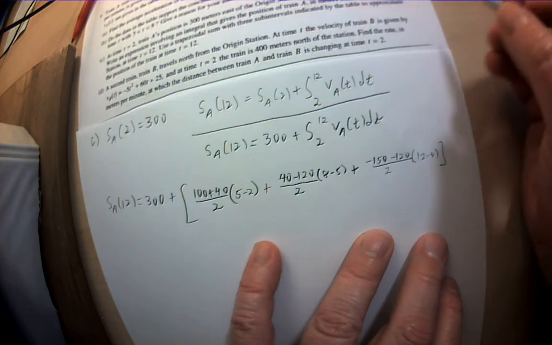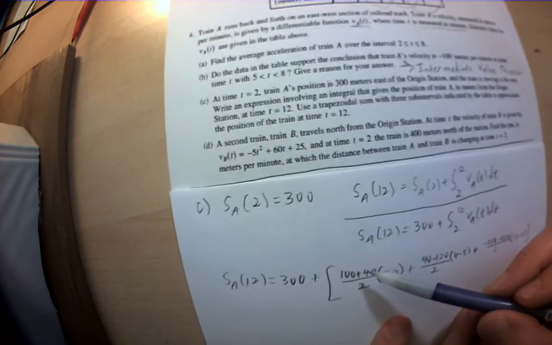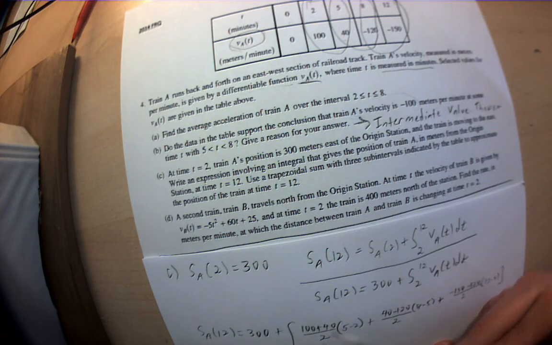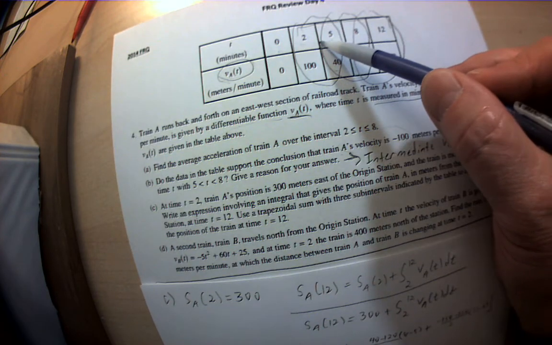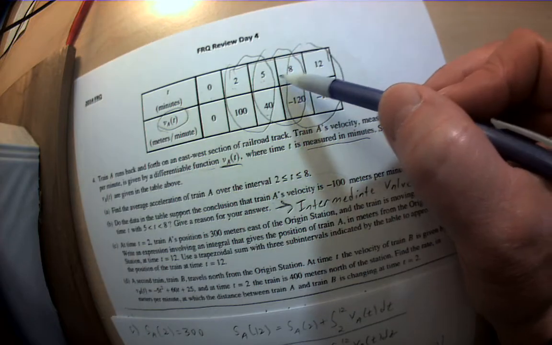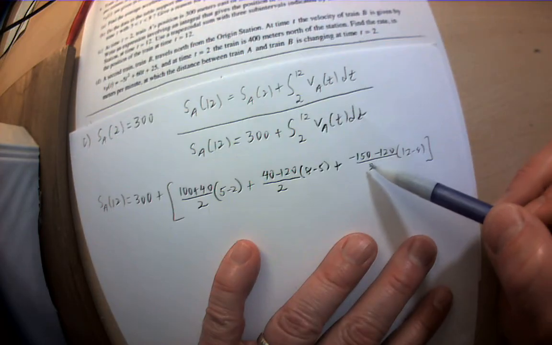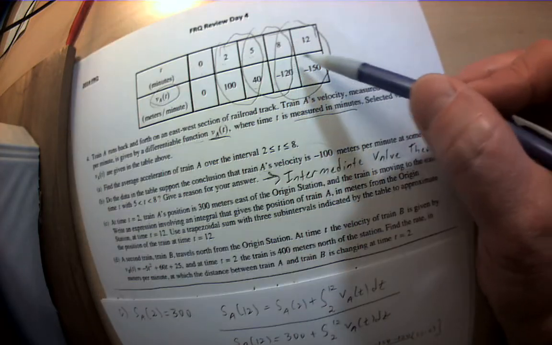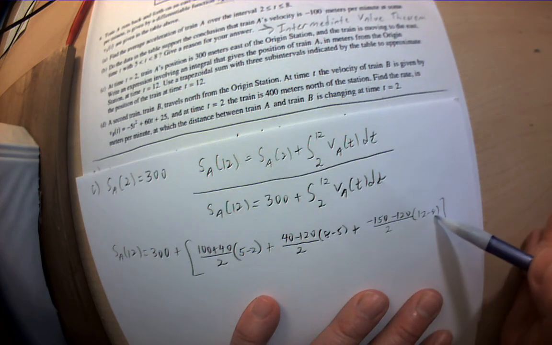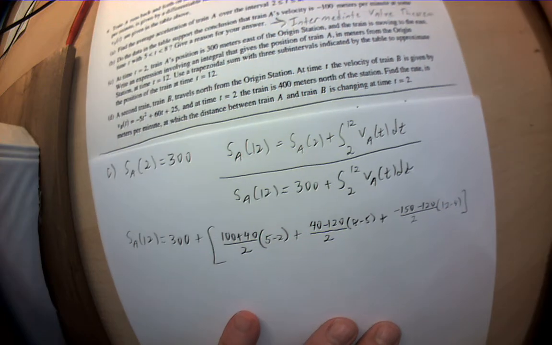Look, this is the first 2 y values added together divided by 2, and the x difference is 5 minus 2. The second 2 y values added together divided by 2 multiplied by the difference of the x values. The last 2 y values added together, they're both negative, divided by 2 and then multiplied by the difference between the 2.